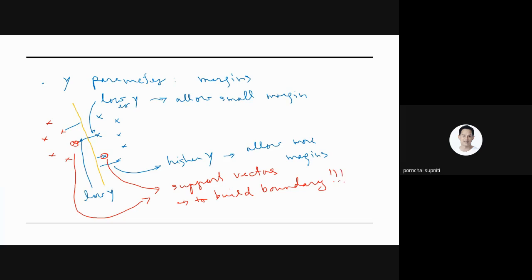The simple case is you use the support vectors that are close together, a few of them. But if you use a higher gamma, you allow more support vectors to be used for the construction of the boundaries. In addition, when you do the training for this type of SVM algorithm, you can do linear type, you can do nonlinear type.